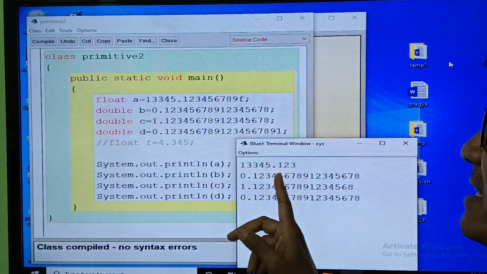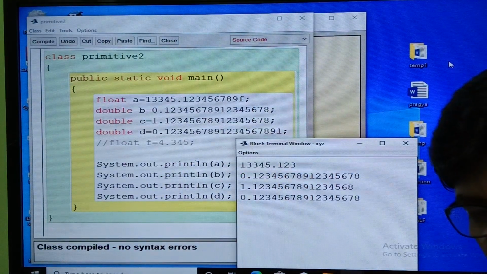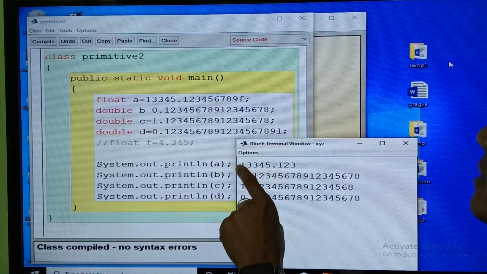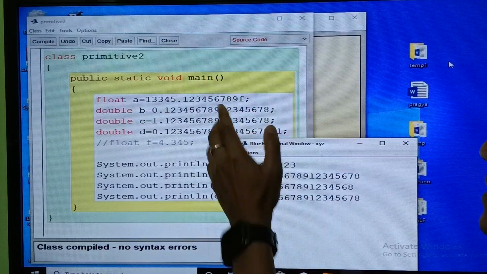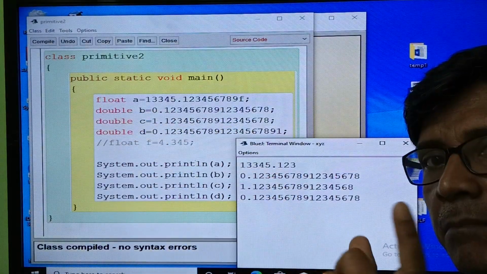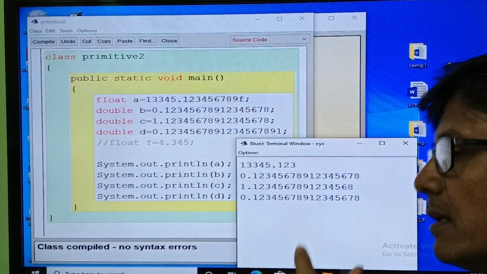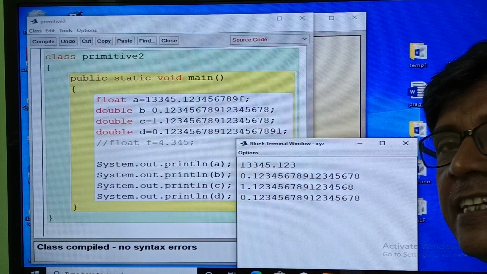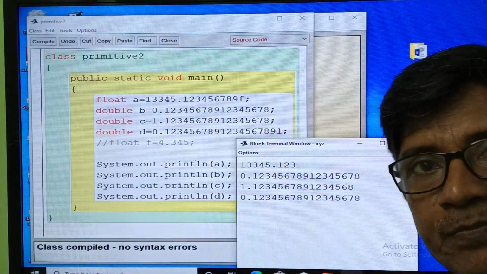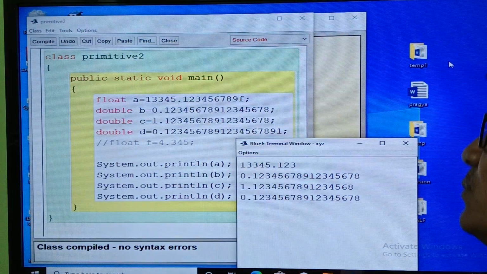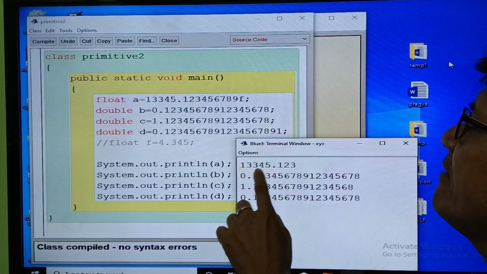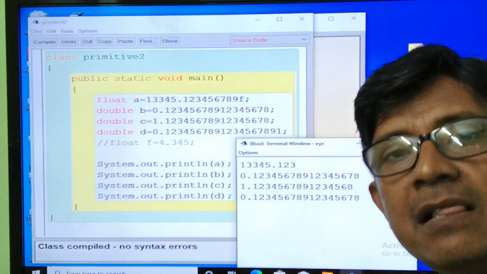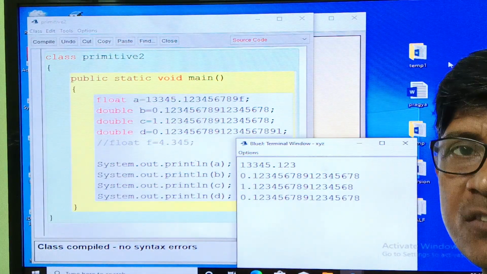If you print this value A, the value comes out like this, because it has a capacity for how many digits it can display, including integer and decimal. That has a limitation: 1 2 3 4 5 6 7 8, so 8 digits we can show.